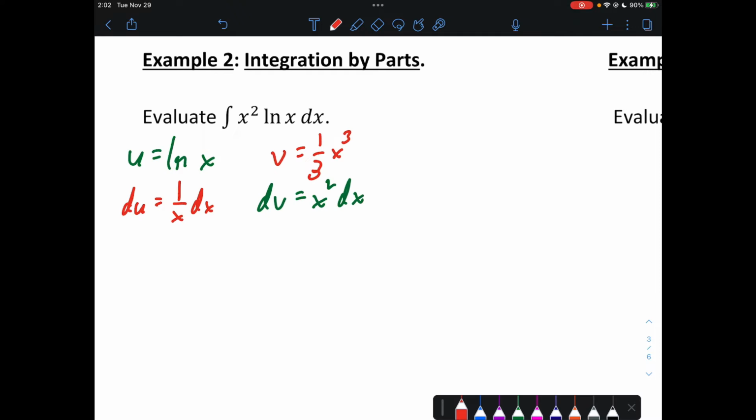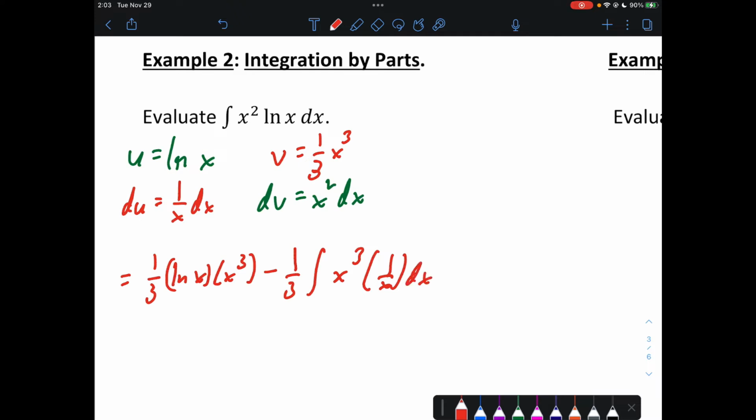So then our integral is going to be uv, so I'm just going to write that as 1/3 ln x times x cubed, minus the integral of v du.